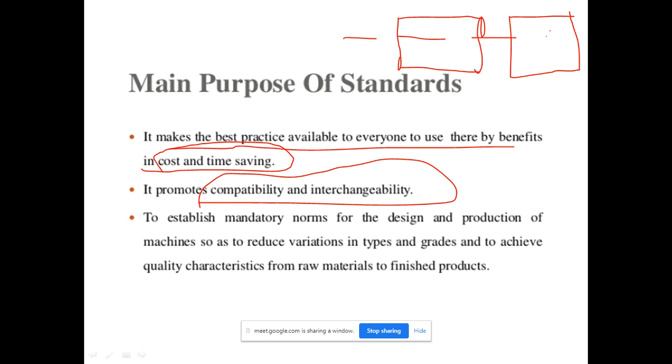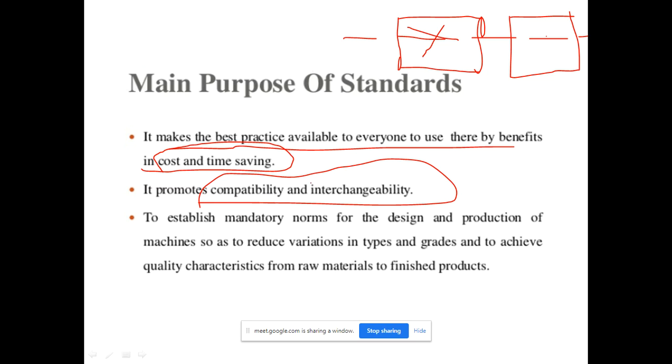Similar to that, you are manufacturing a hole. Now this particular assembly should be made in such a way that if this shaft has some manufacturing defect, you have other shafts of the same kind, so the rejected shaft immediately will be replaced by a new shaft that is available in your inventory.